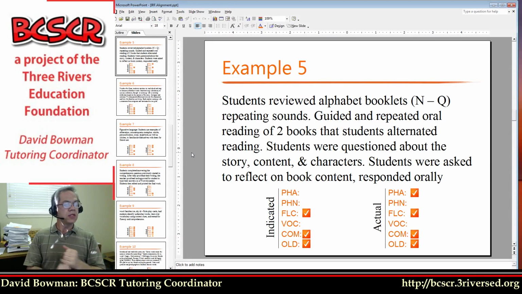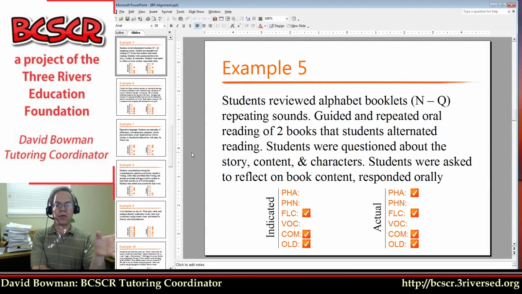Okay, so the tutor indicated that fluency is addressed, and I see that whole guided oral reading. That comprehension was addressed. We've got questions about the story and the content and characters, good, and oral language development, reflecting on the book content, giving their own perspective of it, describing their own ideas. So that would work for oral language development and actually for comprehension. So that's kind of a twofer in that case.